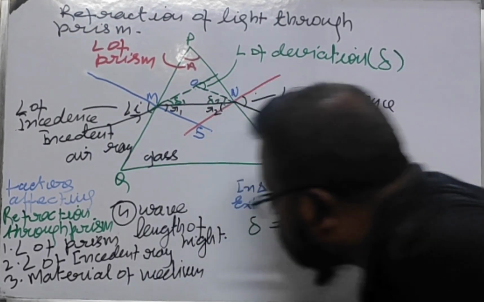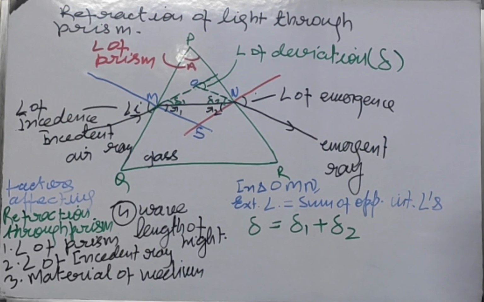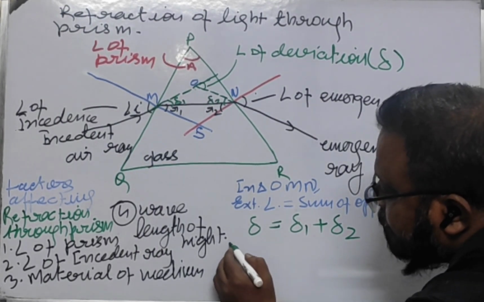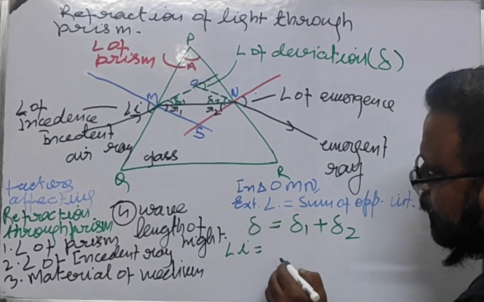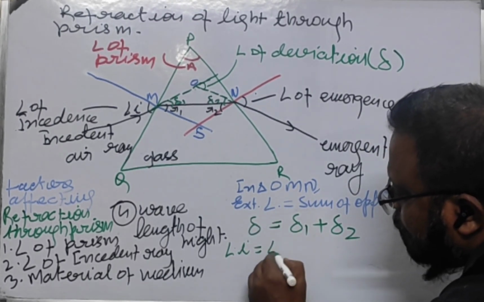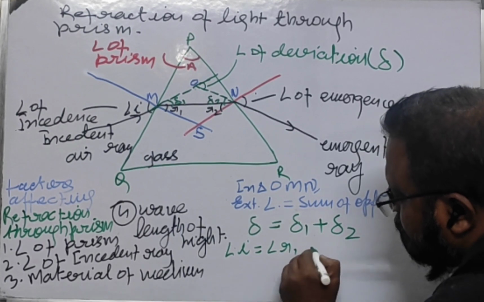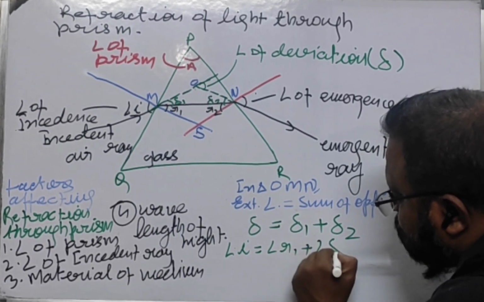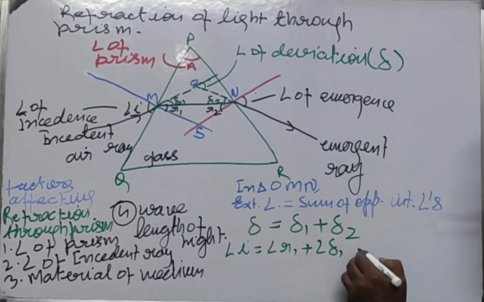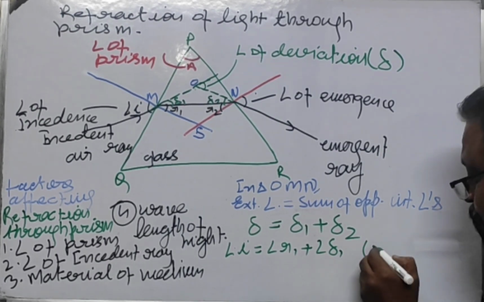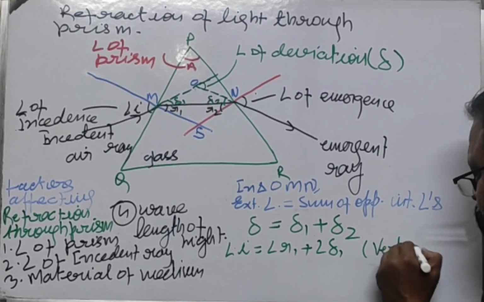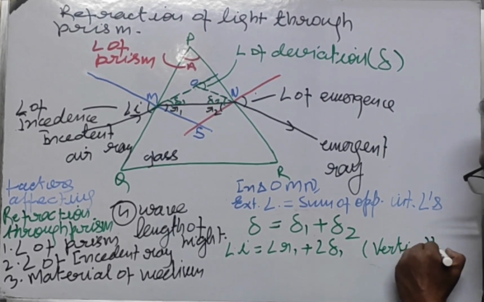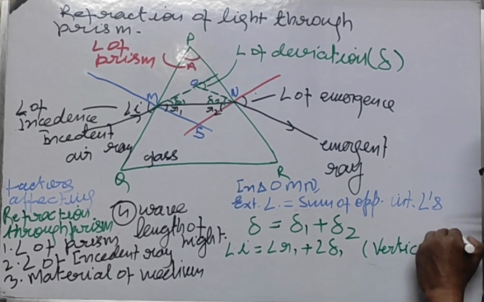Now, the angle of incidence, angle I, is equal to angle of refraction 1 plus angle of deviation 1, due to vertically opposite angles.